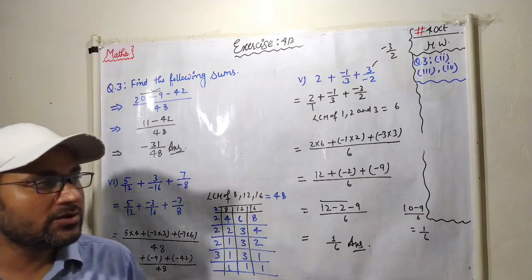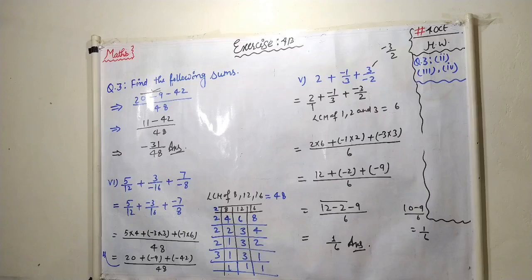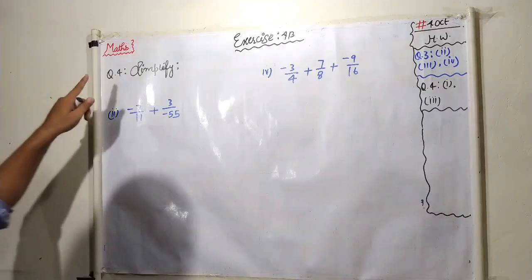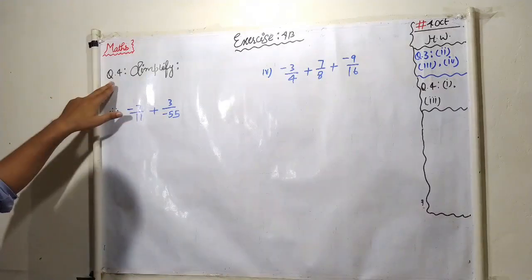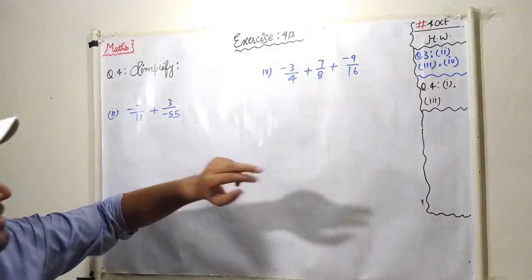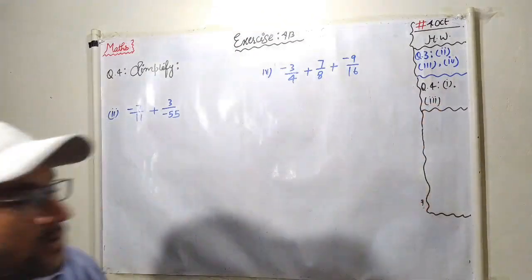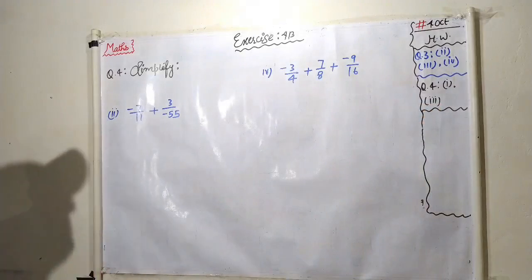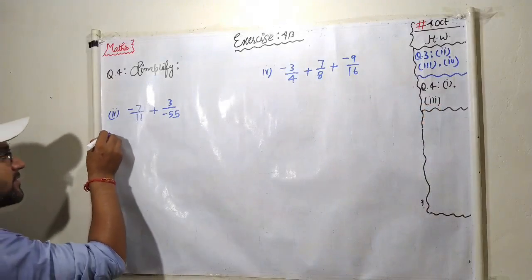Okay, now next question, question number 4, students. Simplify. The second one and the fourth one. The first and third you will do by yourself. See this second one. It is very easy, students.